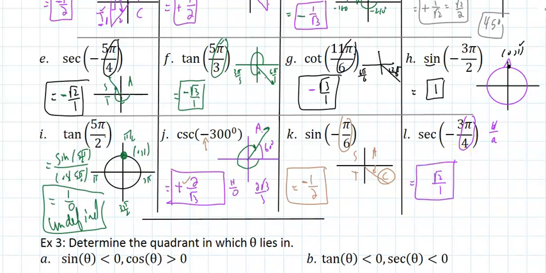Where is negative 3 pi over 4? In this quadrant, do you notice that tangent is positive, which means the other two are negative? So we're going to stop here, and we'll conclude this in our next class meeting's lecture.